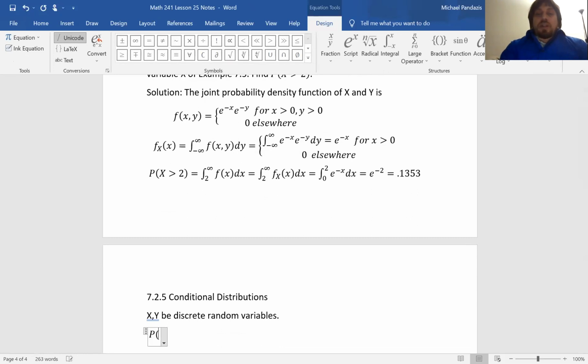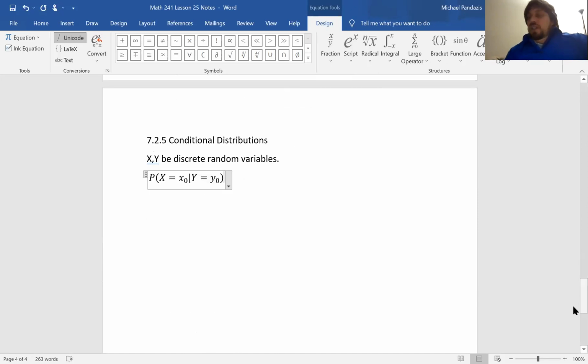Okay, so we have the probability that x equals x naught given y equals y naught.